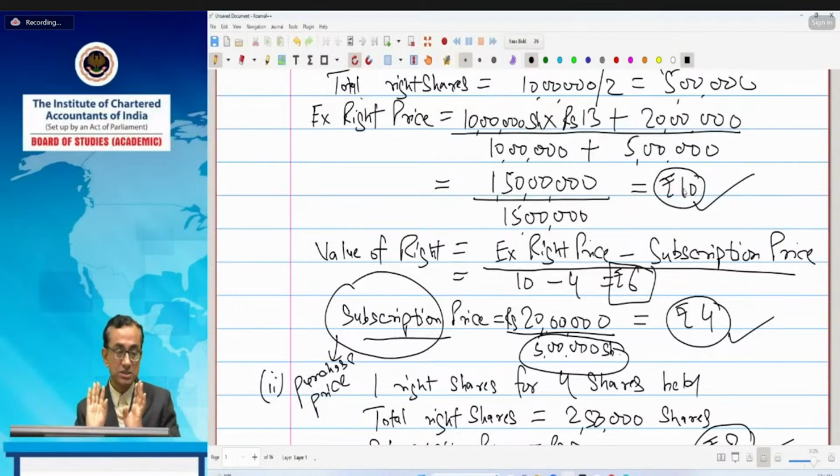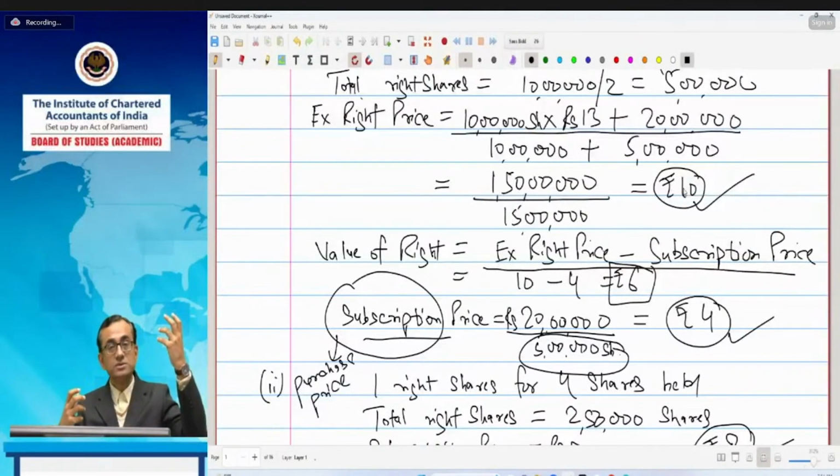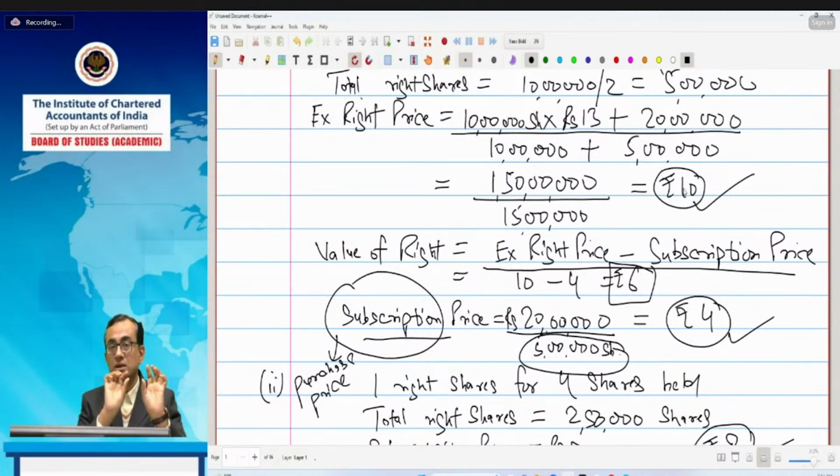So there is a difference, because value of right is a broader figure, and the subscription price is the narrower figure. Okay. So from the X right price, the subscription price, whatever amount the investor has expended in order to acquire the right shares, is deducted. After the deduction, whatever the net amount is, is the value of the right, and subscription price is only the purchase price of the right.